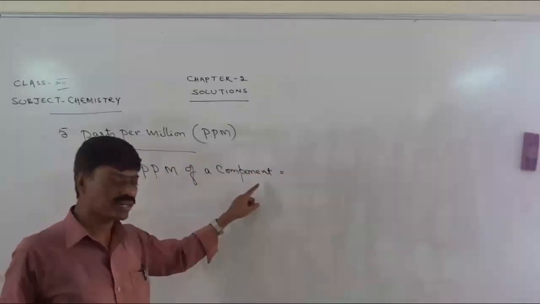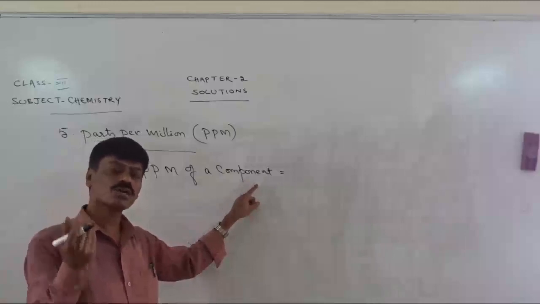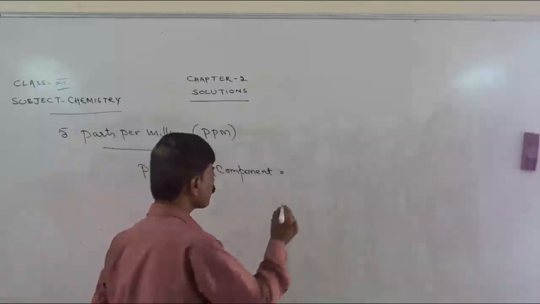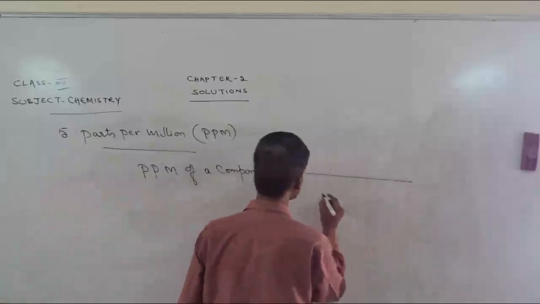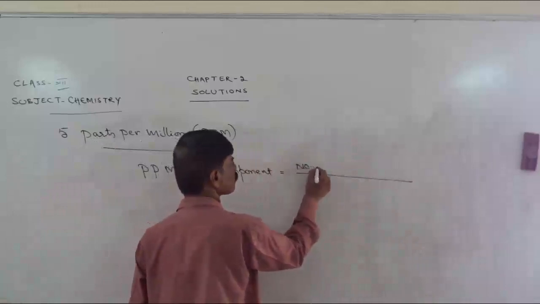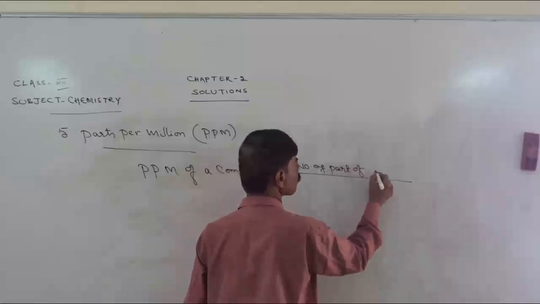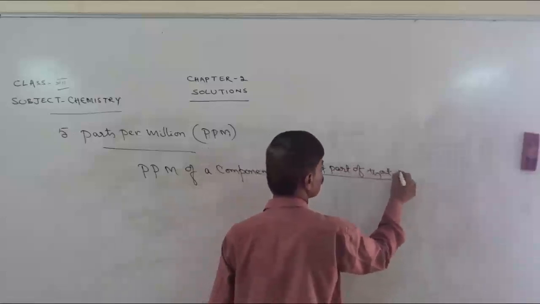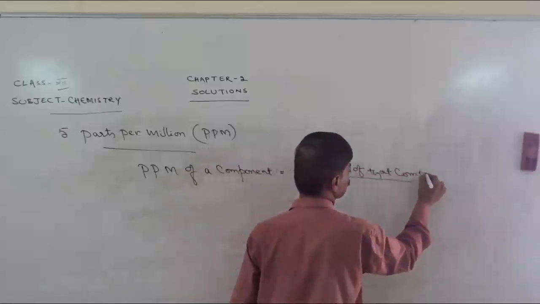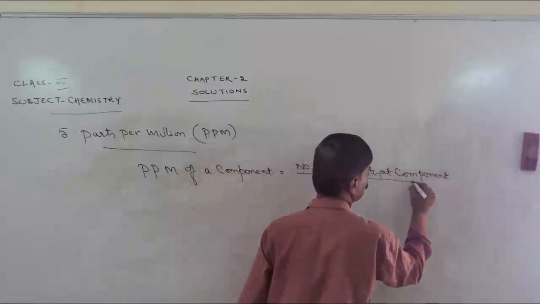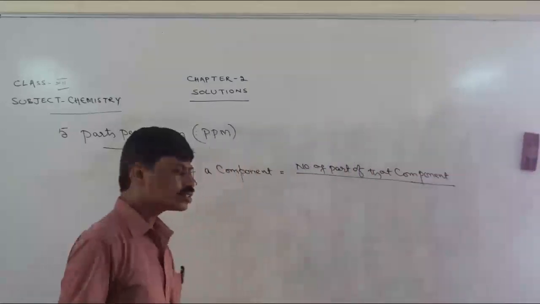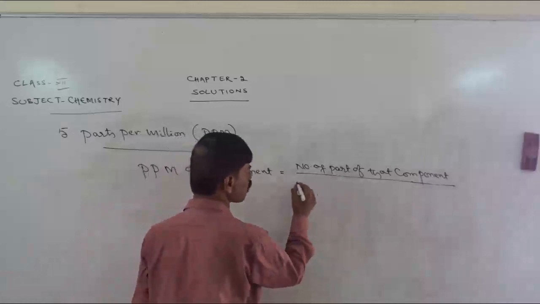Component means solute. ppm of a component of a binary solution is equal to the number of parts of that component divided by the total number of parts of both the components.